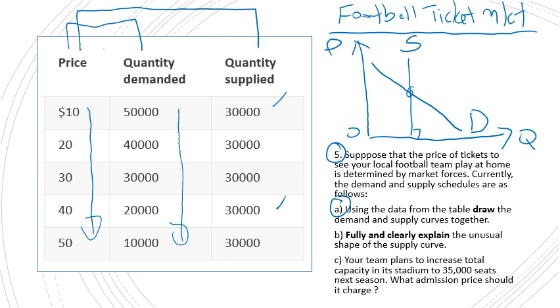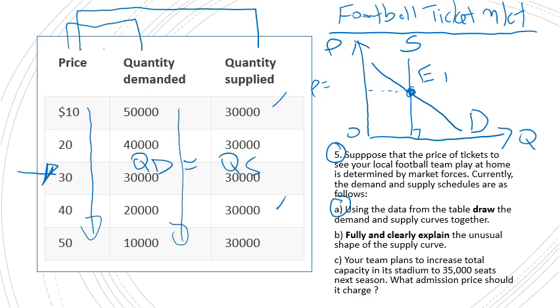So this would be the equilibrium. Let's call it E1. The equilibrium price is $30, because at $30 per ticket, QD is equal to QS.